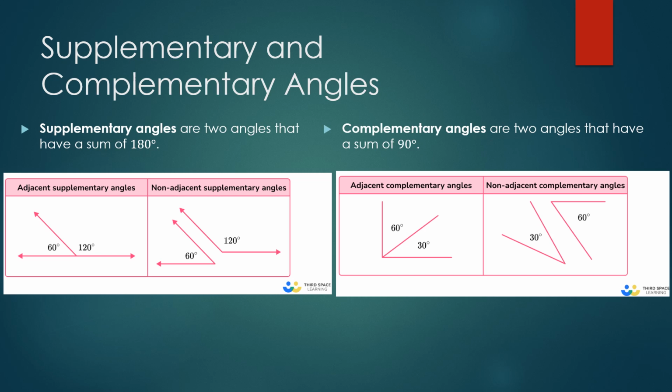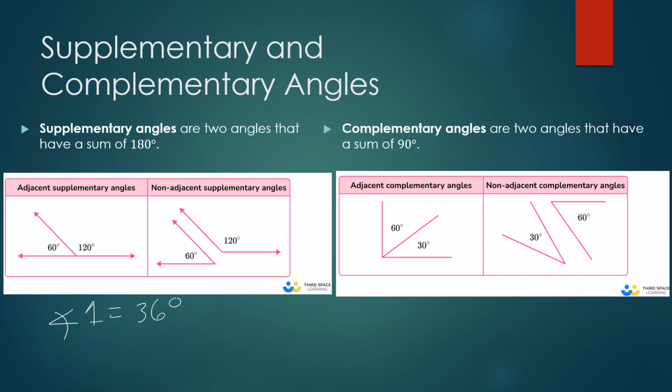Let's say I have an angle measurement, the measure of angle 1 is equal to 36 degrees.